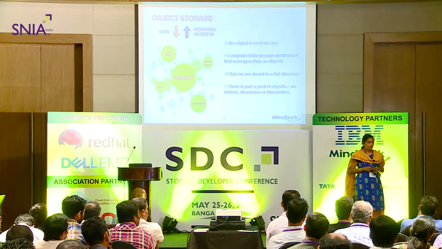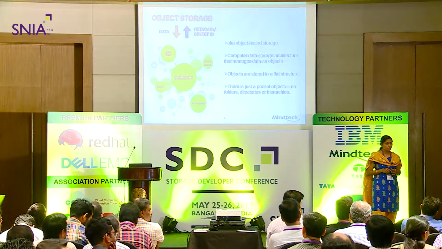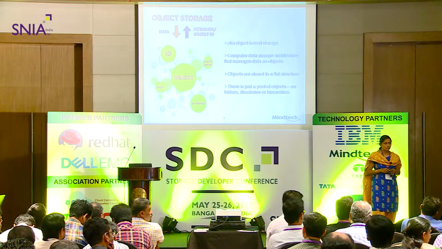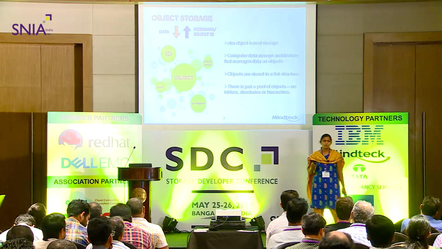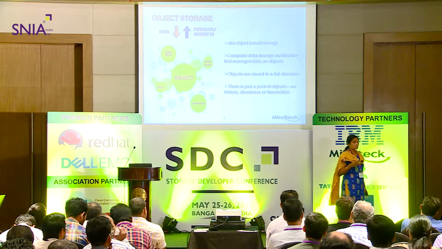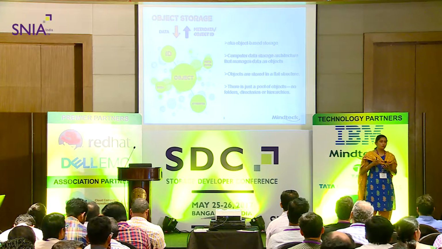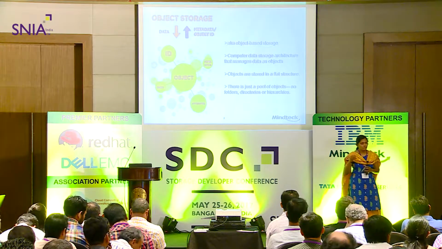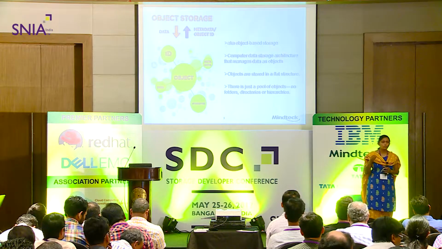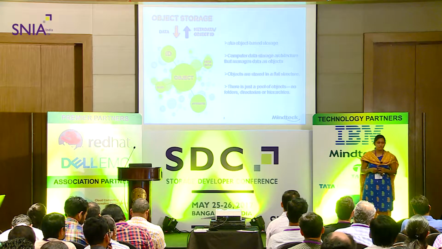For a particular file, where do I get all the object IDs associated with it while retrieving it? This is taken care of by the object storage, the cloud storage service providers, like for example Amazon AWS. It takes care of searching for a particular object in the database.